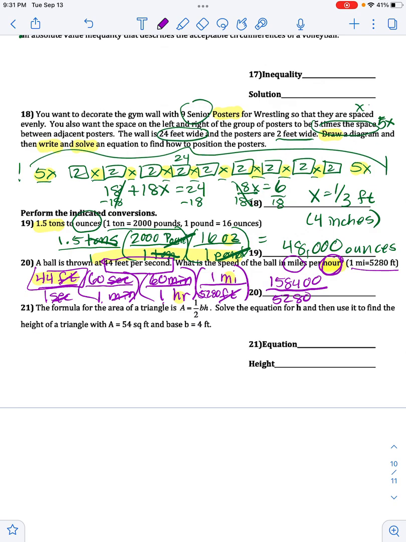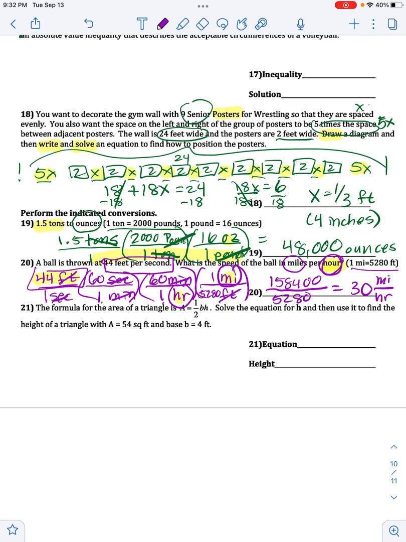So I take that top number divided by the bottom, and my final answer comes out to be 30, keeping in mind that that is, not feet, sorry, that is miles per hour. So I had to convert two things, the distance and the time, which is why that was kind of a grind.